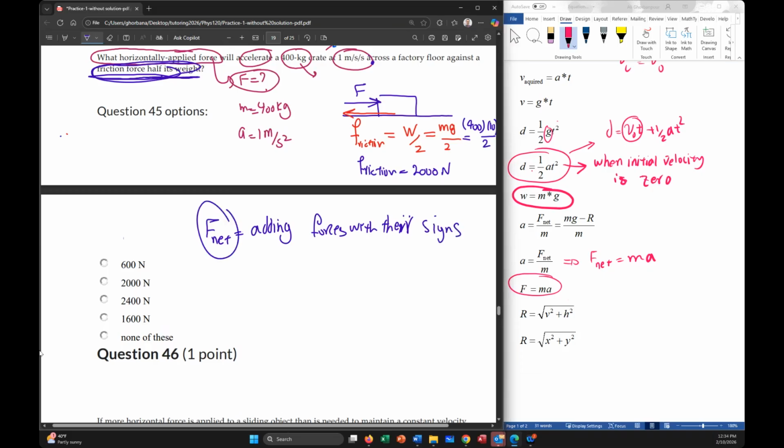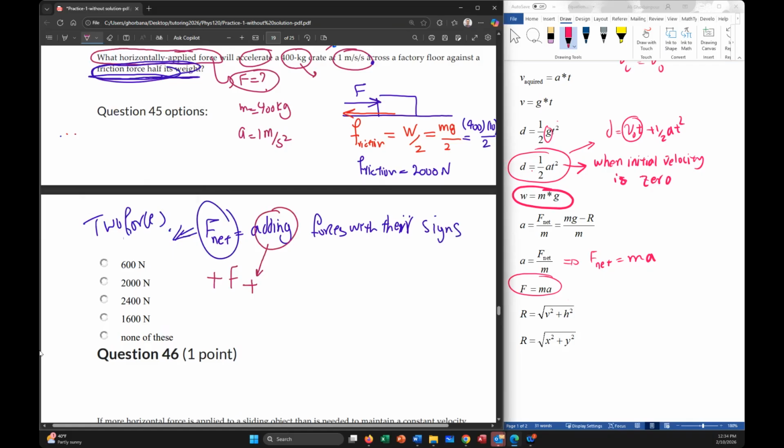So F net. How many forces do I have? I have 2 forces, yes? What is the first one? Applied force. Okay, applied force. Positive or negative? Positive F. Plus, adding, you see, adding, yes?